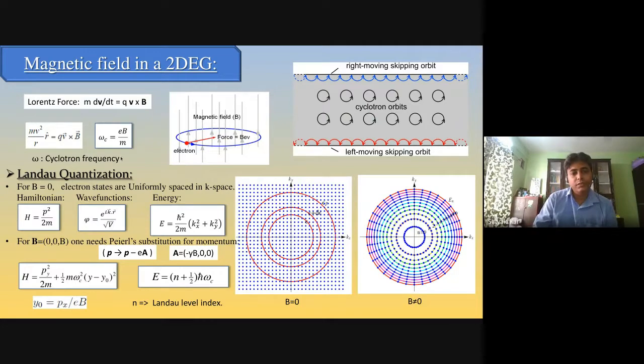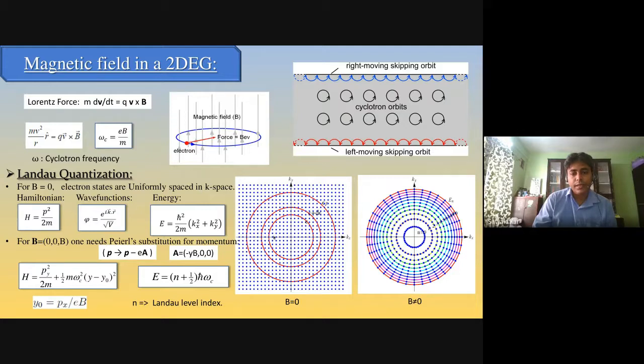Now if we go a little deeper, into momentum space, the k space, to see what is happening, you will see something called Landau quantization occurs. First of all, at B equals 0, the Hamiltonian is just the kinetic energy, H equals p squared over 2m, and its wave functions are plane waves, e to the power i k dot r, with these energy eigenvalues.